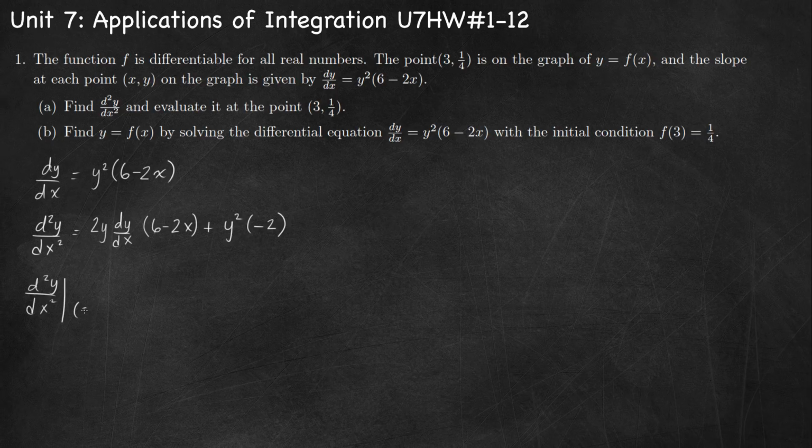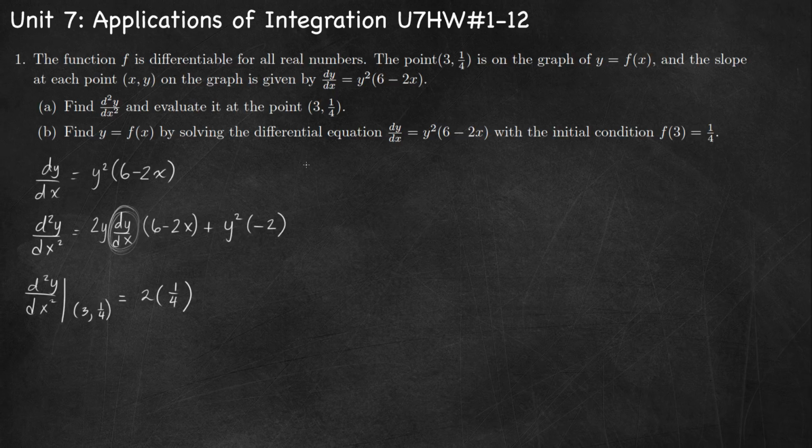We want to evaluate that at (3, 1/4). So we let x equal 3, we let y equal 1/4. So we need 2 times y times dy/dx, and so in order to figure out the value of dy/dx, I have to sub in my coordinates into my dy/dx equation.